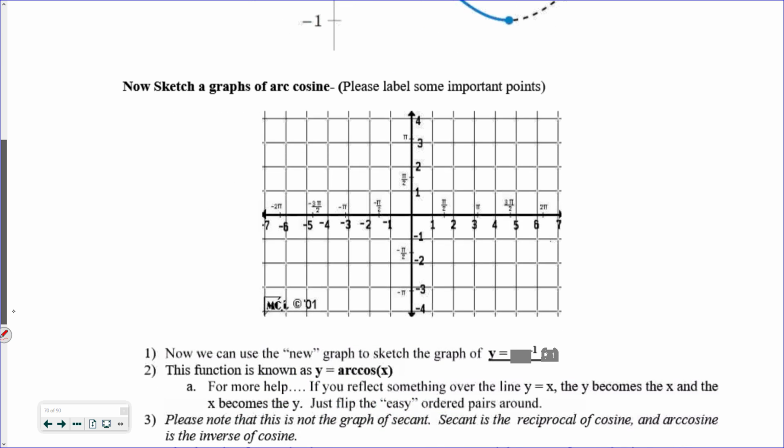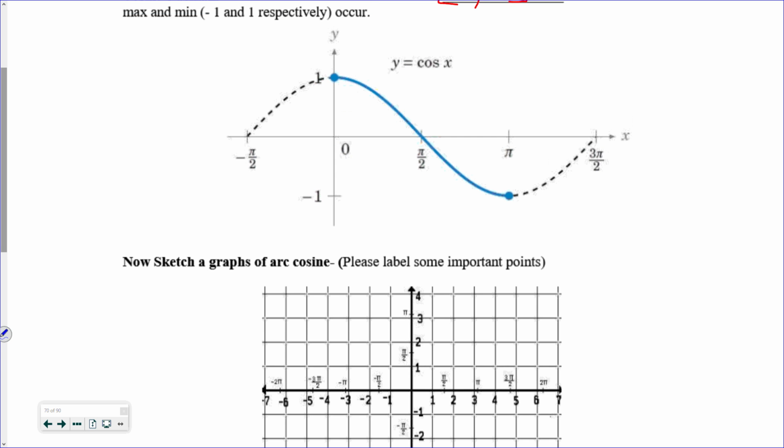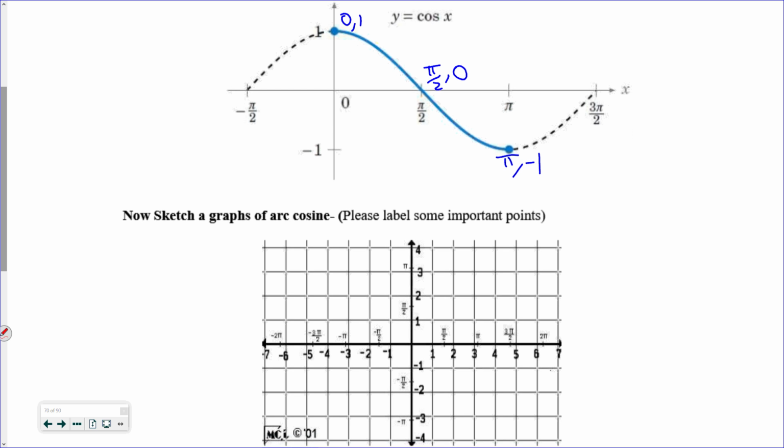If we wanted to sketch a graph, I'm going to say there are a couple of key points that I can use, some easy ones. Right here is (0, 1), (pi/2, 0), and (pi, -1). So if I switch the x's and y's, I'm going to find some new points for my inverse cosine graph.